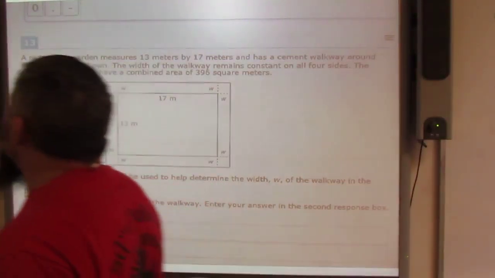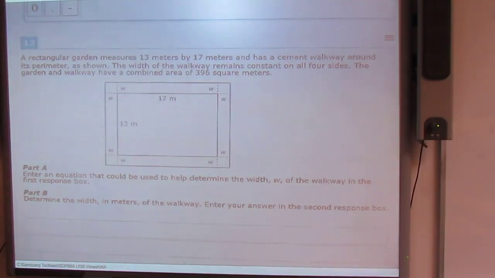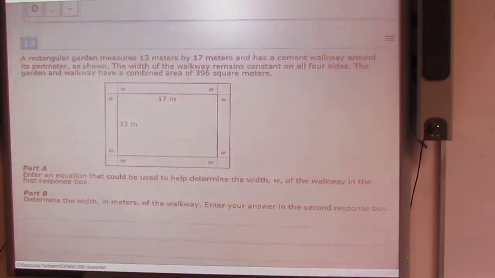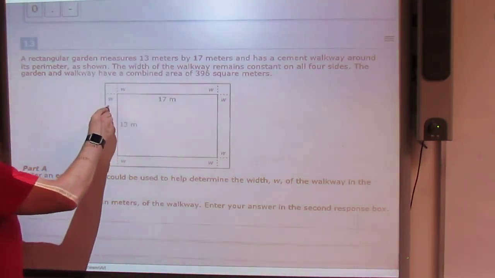All right, problem 13. The rectangular garden measures 13 by 17, and has a cement walkway around its perimeter. So this is the walkway, this is the cement walkway right here.